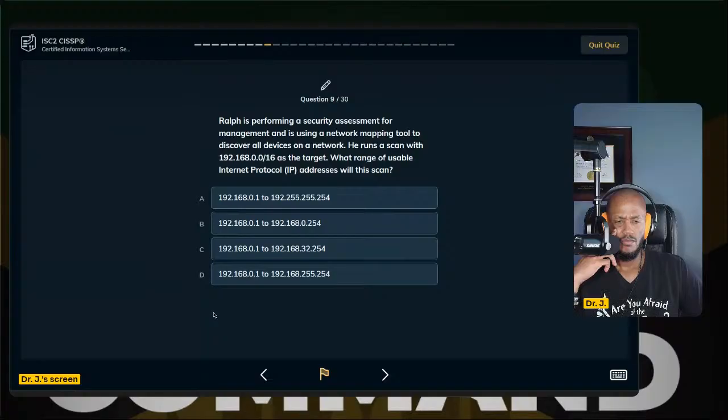I would think it would be D because 192.168.0.0 will be your network address, and it will start at .1 for your first IP address and go all the way up to 254.